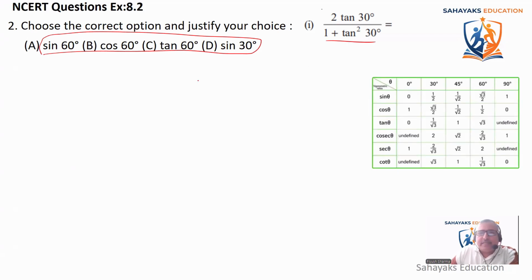So it is 2 tan 30. So what is the value of tan 30? Tan 30 is 1 by root 3. So I'll just say 2 into 1 by root 3, divided by 1 plus tan square 30. So we'll say 1 by root 3 square. So this value comes out to be 2 by root 3 divided by 1 plus 1 by 3.